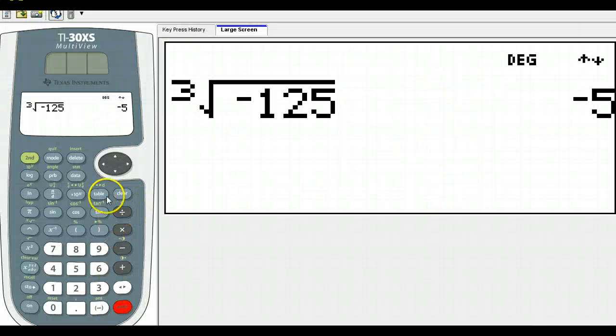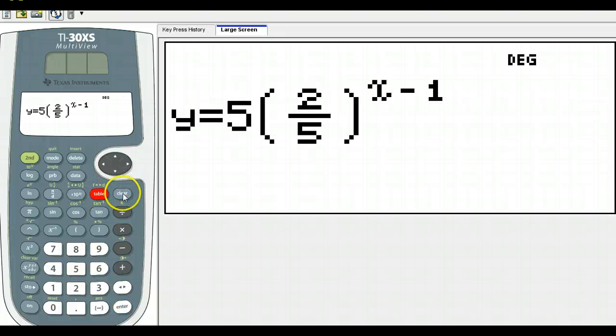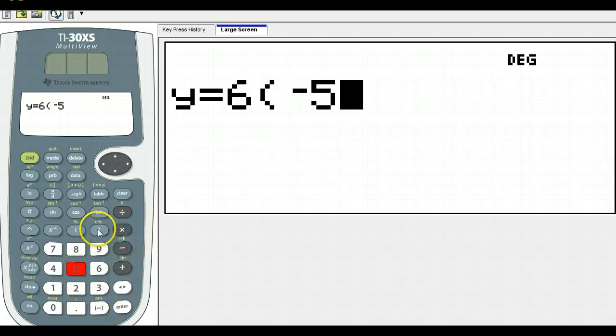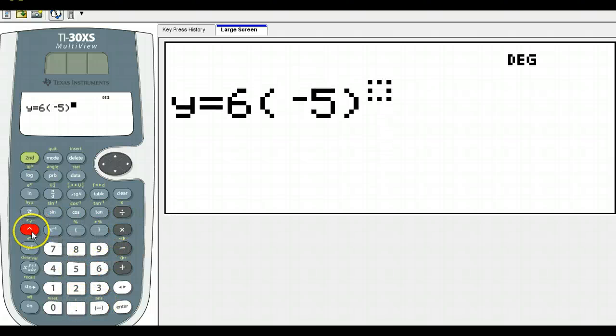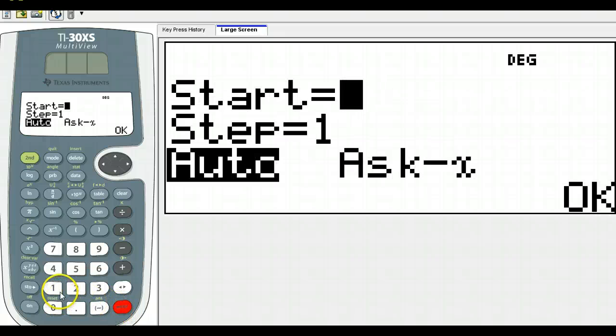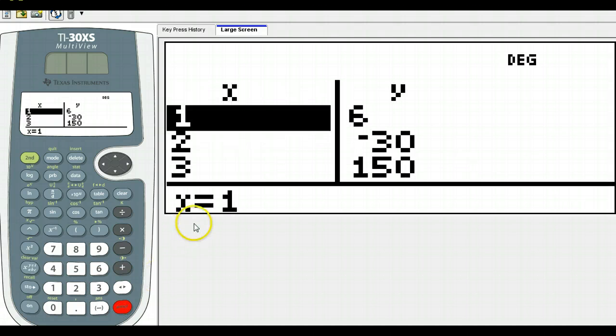So go to your TI-30, hit the table button, and type it in. So we have 6, and we have times negative 5, caret, because we need to the n minus 1 power, we'll just use x instead of n. Okay, so there we've typed it in. We'll hit enter. Let's just start off at 1. Just hit enter like 3 or 4 times till you get to the list.